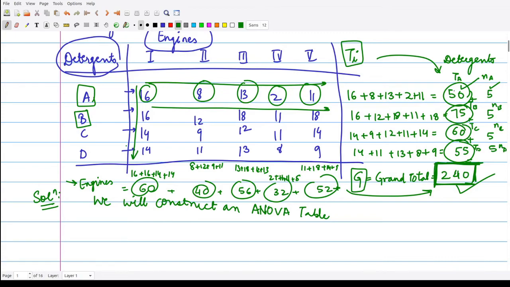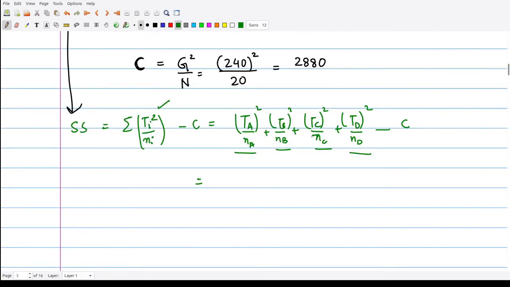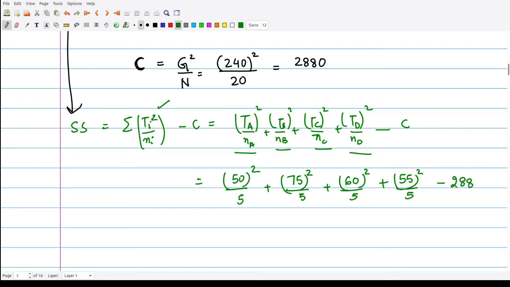So accordingly, we have 50 square divided by 5 plus 75 square divided by 5 plus 60 square divided by 5 plus 55 square divided by 5 minus 2880, which is the value of C that we have just calculated.